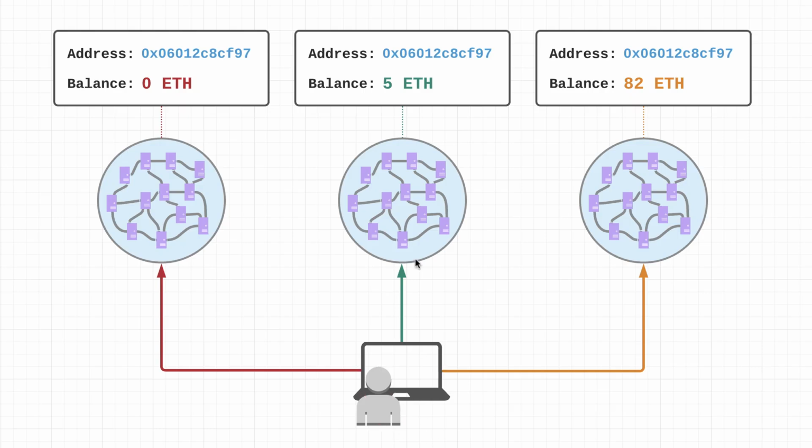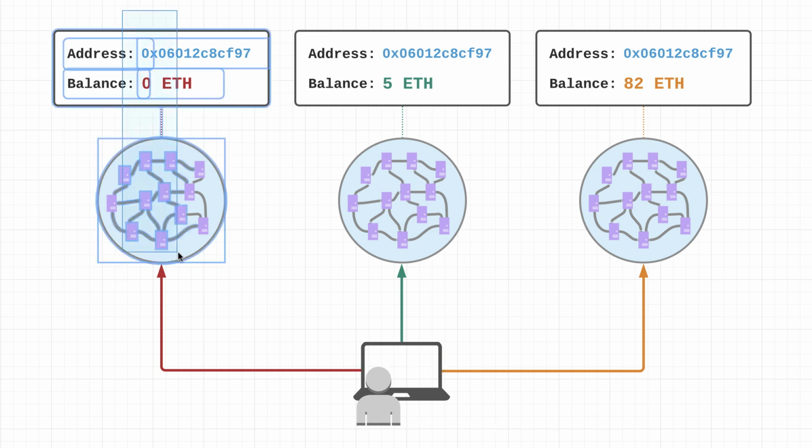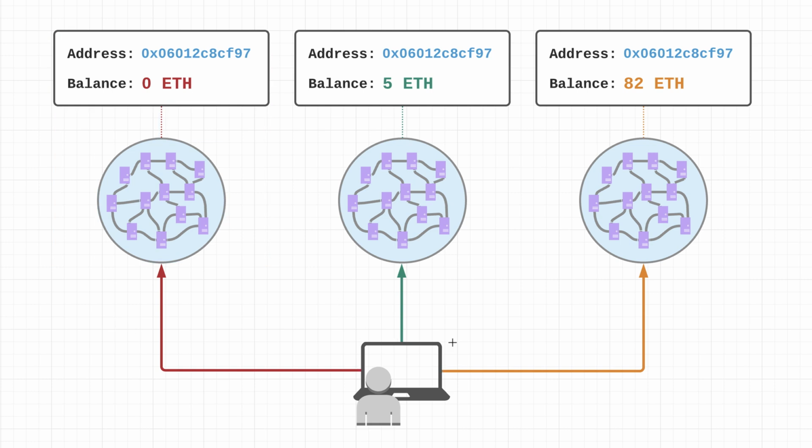So check this out. Whenever you have an Ethereum account, it's basically just a record on that network. Now, the record can have different assets depending on which network it's on. So for example, let's say that this was the main Ethereum network right here. For my account, even now, I have 0 Ethereum on the main network.